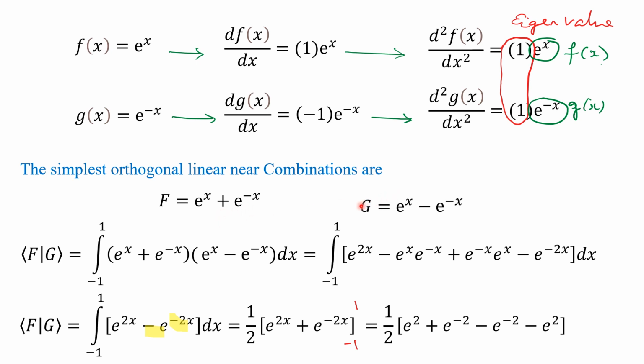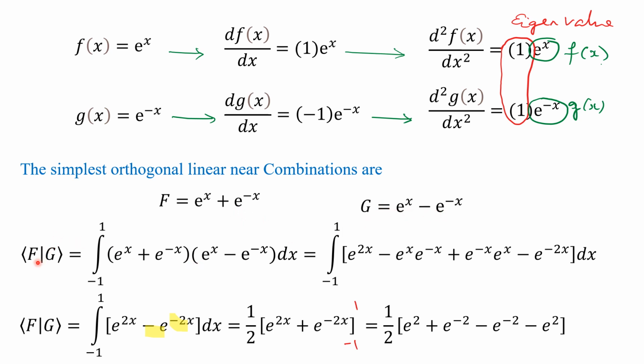Let us take another function, capital G, that linear combination is equal to e power x minus e power minus x. You can take it the other way around also, that is minus e power x plus e power minus x, but in both cases you will get the same result. Here the coefficients C1, C2 are 1, 1. Here C1, C2 are 1, minus 1.